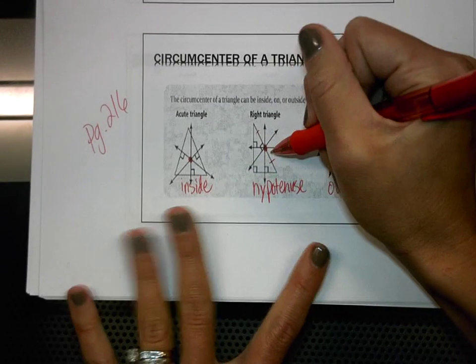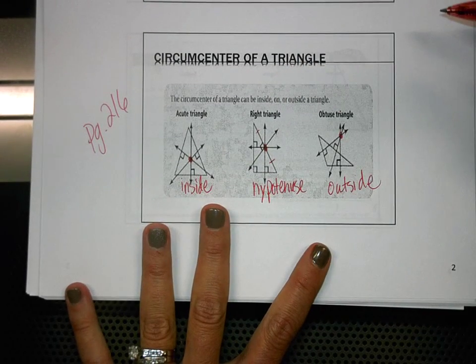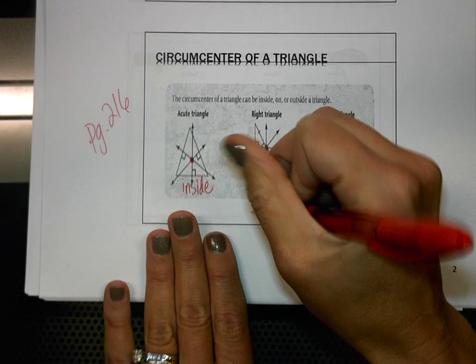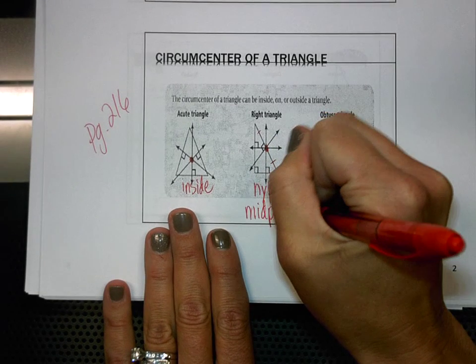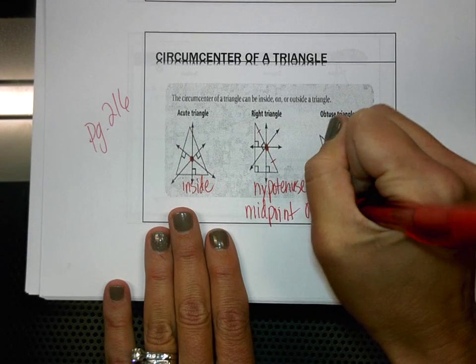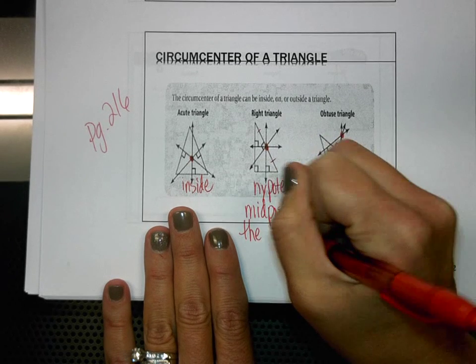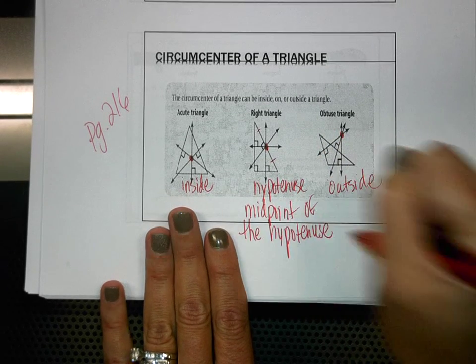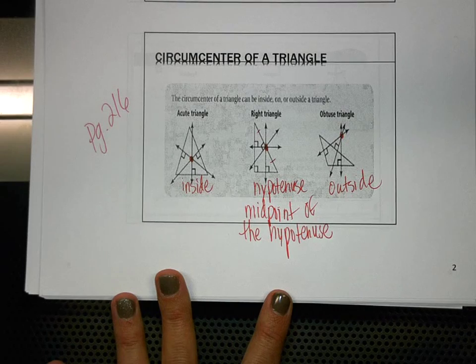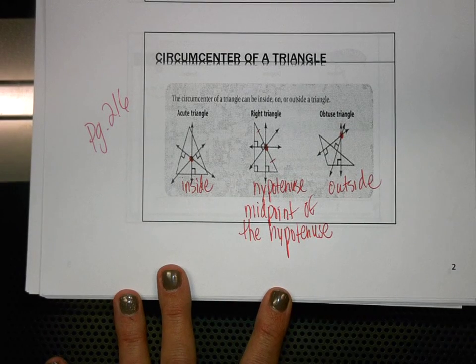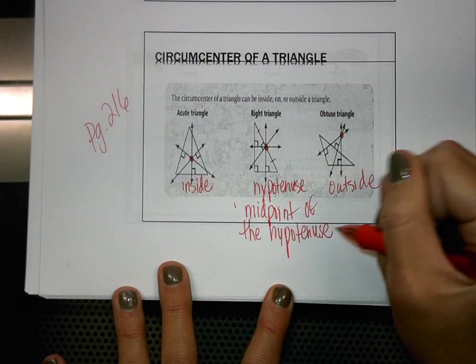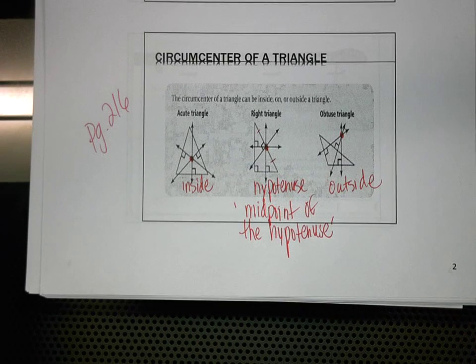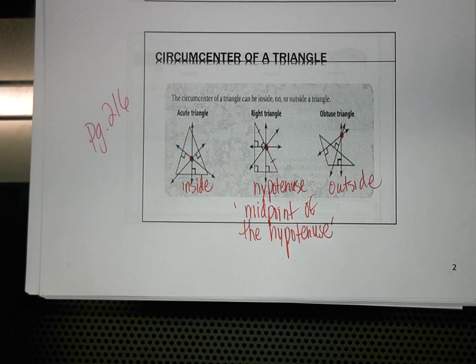And so the circumcenter is specifically the midpoint of the hypotenuse. So it's important to remember that on right triangles, and that will help you with your homework tonight.